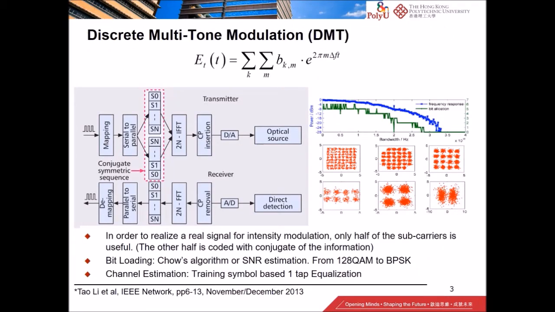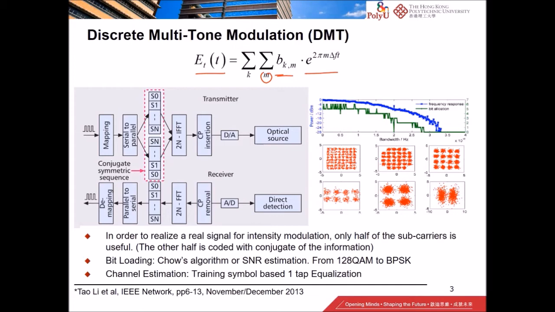Our third way to modulate information in the amplitude of the optical carrier is what we call discrete multi-tone. Essentially, that is just OFDM for direct detected systems. So what you have here is that the transmitted signal will be a sum of different subcarriers, with information encoded in different subcarriers.